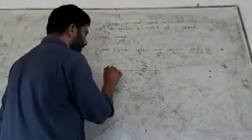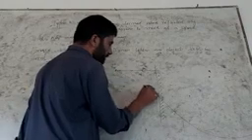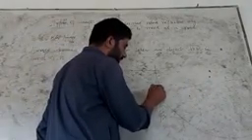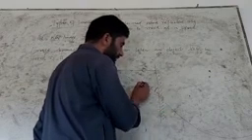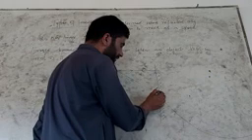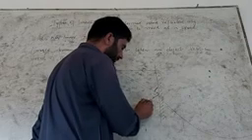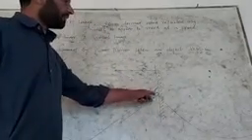And sometimes the ray falls on the mirror in this form and makes such an angle on this surface. The reflected ray of this incident ray will go in this direction, and the same angle will be made here.